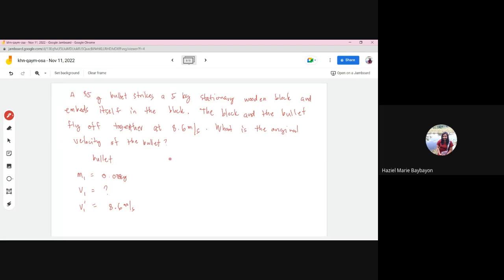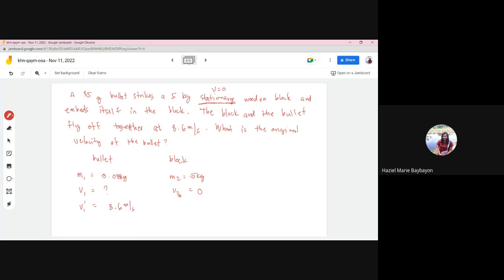How about the block of wood? For the block, its mass, M2, equals 5 kilograms. And then its velocity, class, is 0 because it is stationary. When an object is stationary, its velocity is 0.